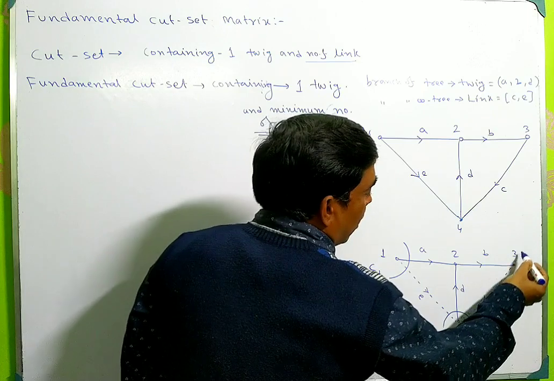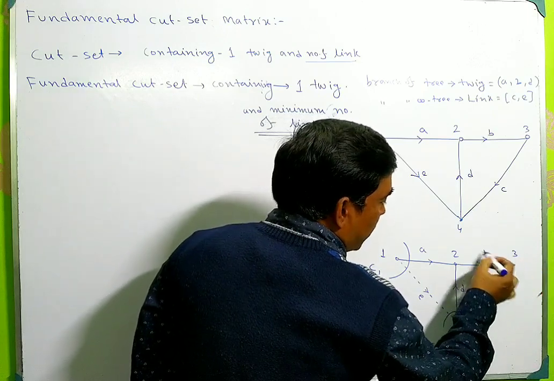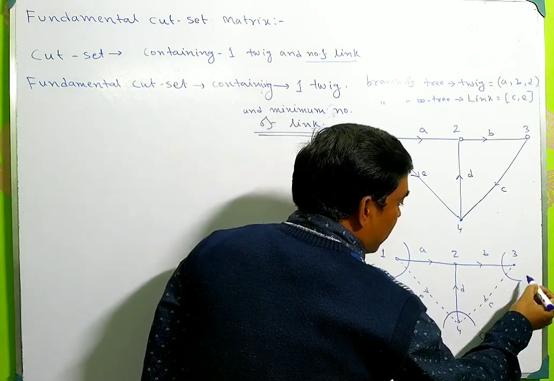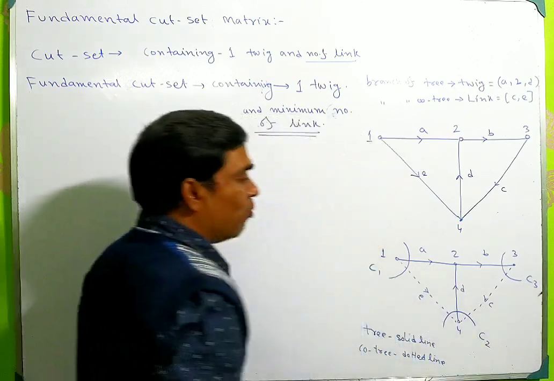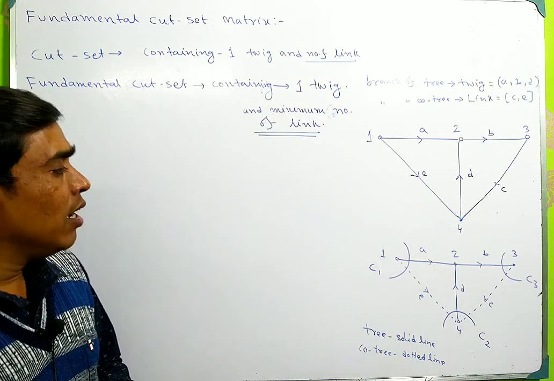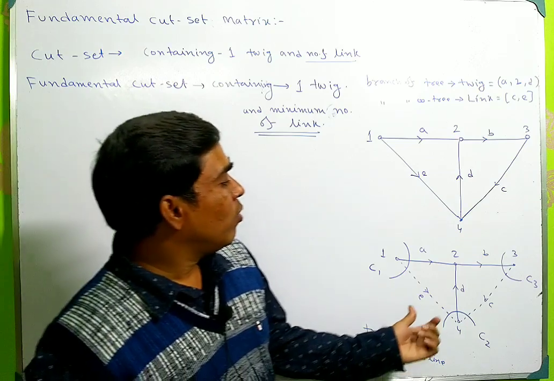And this is one twig, that means B. You can take another Cutset, suppose Cutset C3. These are the 3 possible cut sets from this graph.